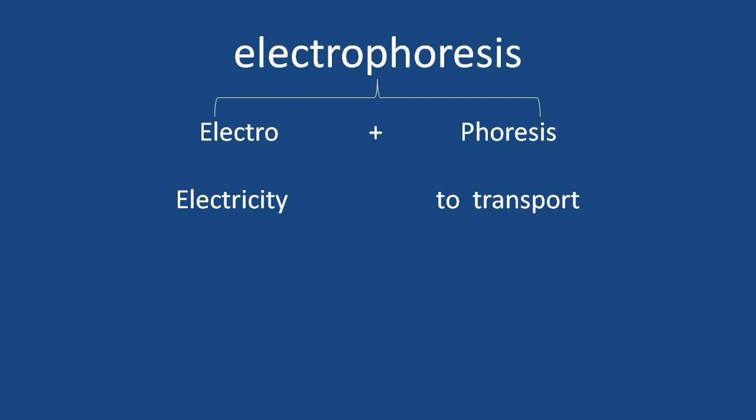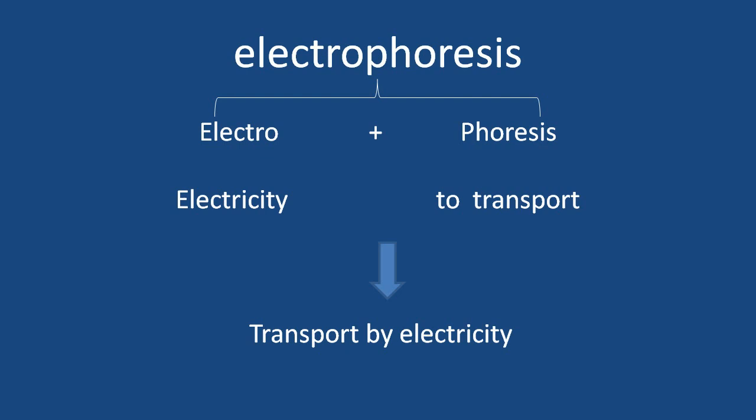It is some molecules. So electrophoresis is the technique used for transportation in which electricity is used. By using this technique, we can separate various molecules like proteins, nucleic acid, especially DNA molecule. So electrophoresis is the transport of various molecules with the help of electricity.